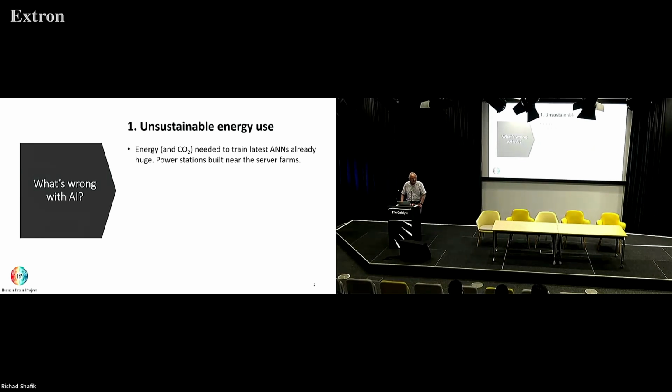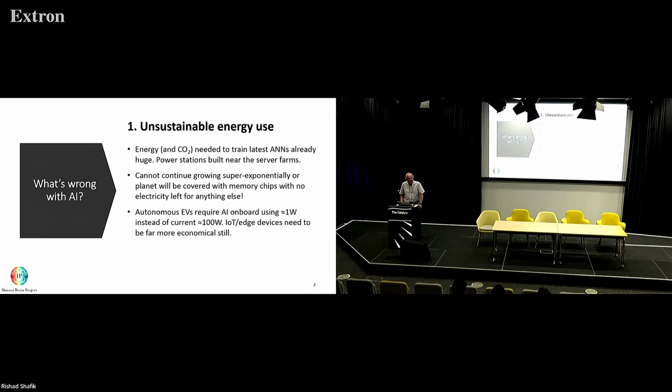And the amount of energy required to train the latest artificial neural nets, which are getting bigger every day, is huge. Arguably, it's unsustainably huge. It's growing super exponentially as the models get bigger, and they do get more capable, so the results are impressive, but the energy requirements are just not going to be manageable in the future.